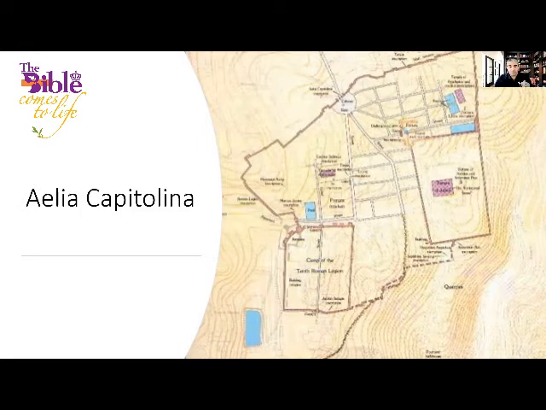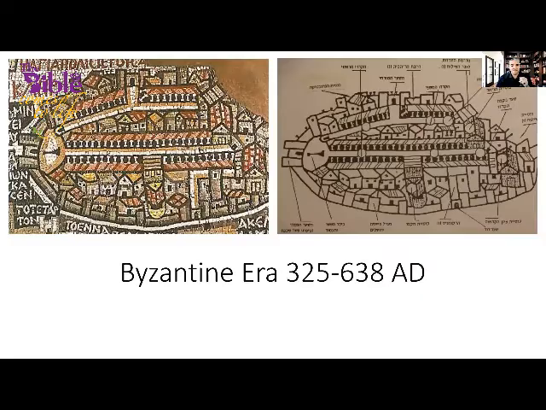This was because of a revolt between the years 132 and 135, called the Bar Kokhba revolt, at the end of which we see a massive exile of the Jews from Judea, a major decline in the Jewish population, and the entry of foreign nations into the land of Israel. This was the case up until the year 325 AD.